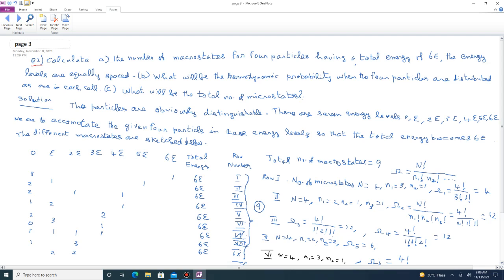The energy levels are equally spaced. Question B. What will be the thermodynamic probability when the 4 particles are distributed as one in each set? Question C. What will be the total number of microstates? So now let us discuss the solution.